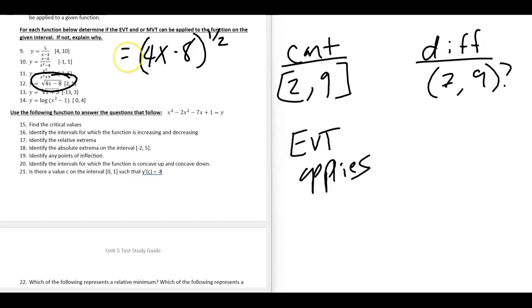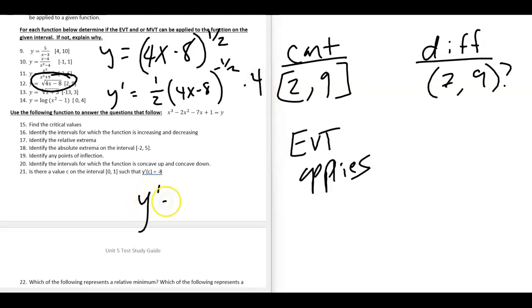You're going to then apply the chain rule. So if this is my function, I'll call it y, then y prime is going to be multiplying the front by the half and then subtracting 1 from the power and then multiplying by the derivative of the inside. Okay, so that leaves me with y prime is equal to, the 4 here is going to stay in the numerator.